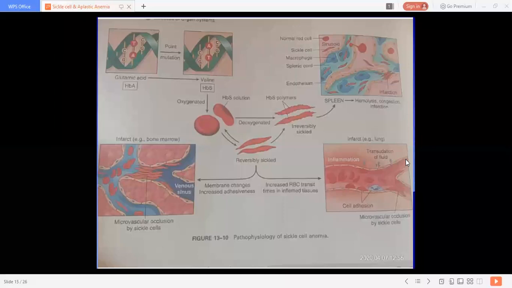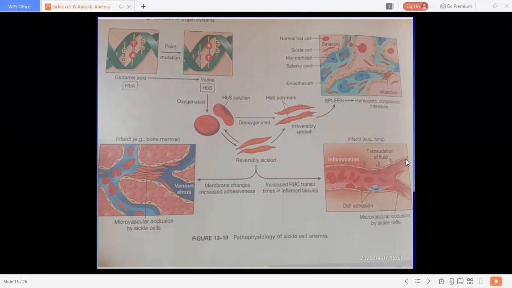So icterus, it is due to hyper, which type of bilirubin gets increased, conjugated or unconjugated? It is due to rise in the, as hemolysis occurs, that is pre-hepatic condition, pre-hepatic causes of jaundice. So the bilirubin which is unconjugated form, due to collection of the unconjugated bilirubin in the blood, in the serum, in the plasma, will give rise to icterus.